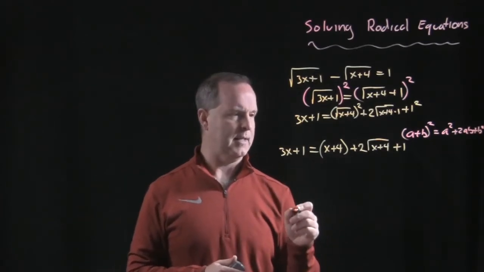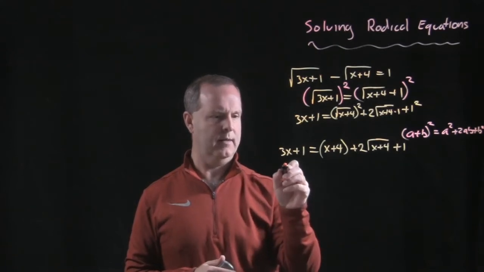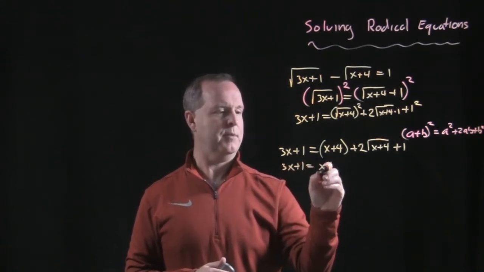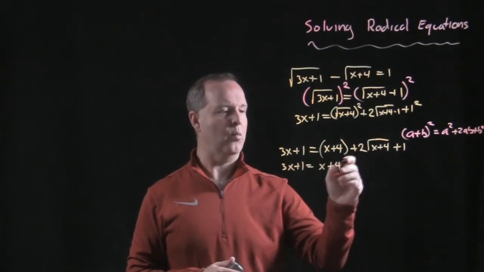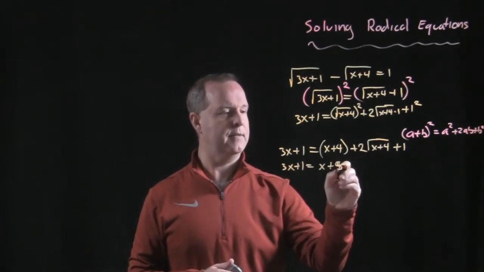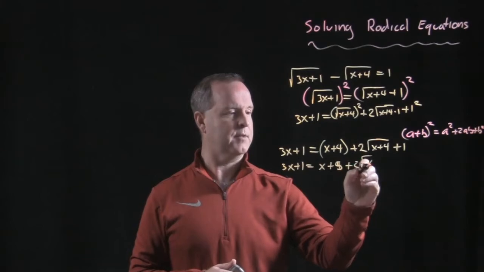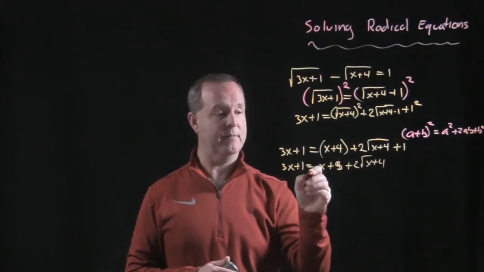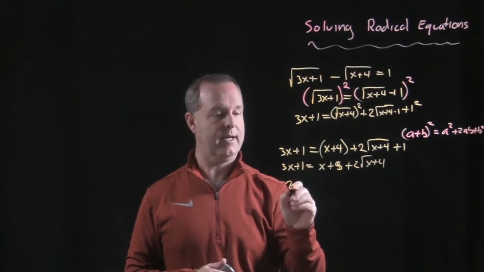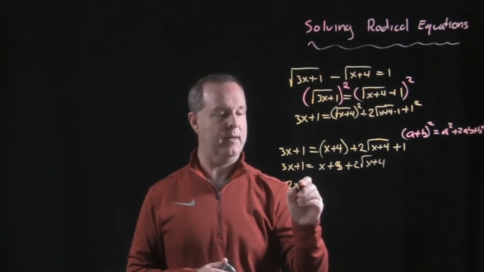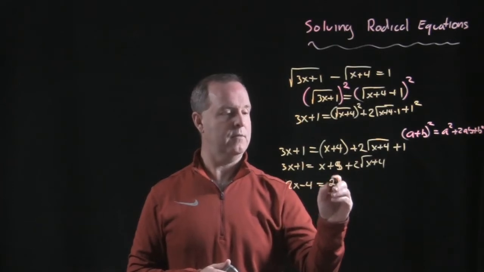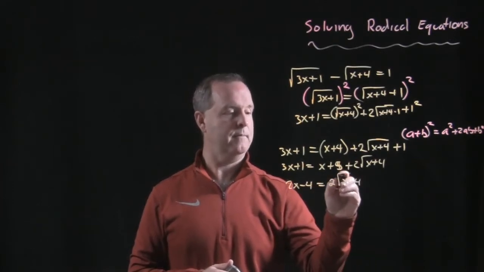So let's just clean this up a little bit first and see what's going on. 3x plus 1, x plus a 4. I should have added that 1 to it, so that becomes really a 5 plus a 2 root x plus 4. Subtract x from both sides and subtract 5 from both sides. So I have a 2x. Subtract 5 from there. I got a minus 4 equals a 2 root x plus a 4.